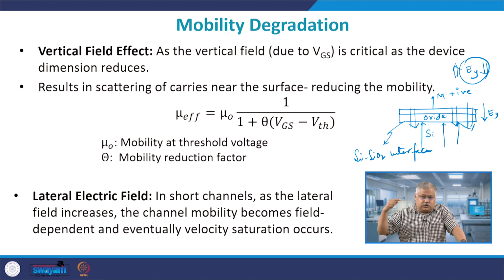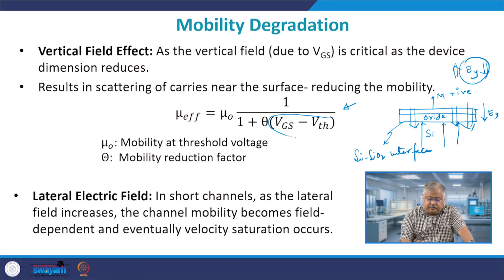So, when the electron starts to move from source to drain, these scattering points are the points where the electrons get hit, and as a result its effective velocity reduces and the mobility tends to reduce, and that is the reason it is known as mobility degradation, right. So, with increasing electric field the mobility actually starts to degrade, and it is given by the formula shown here: mu effective equals mu 0 into 1 divided by 1 plus theta times Vgs minus Vth.